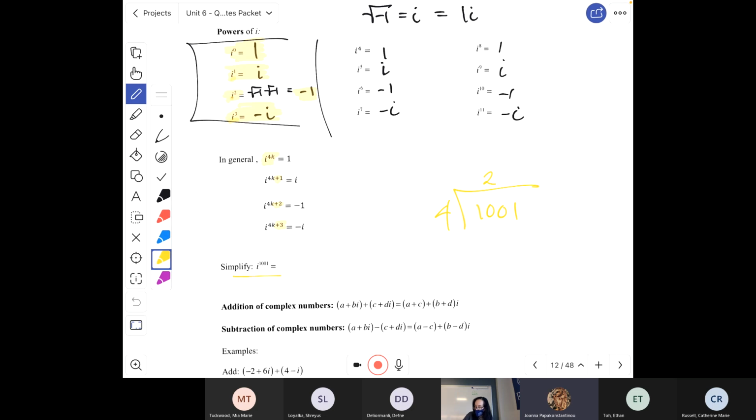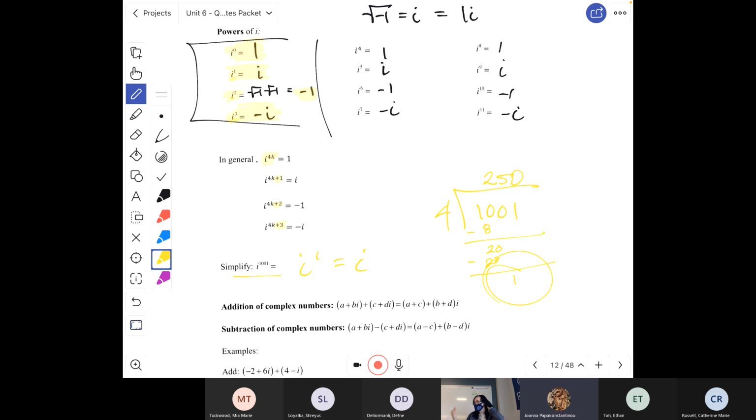Okay, well, it is 250, but in case we forgot how to, because that's coming up next, right? Make sense? But then I'd have a remainder of 1. I'd have a remainder of 1. So this simplifies to i to what power? The first power, which is just i.